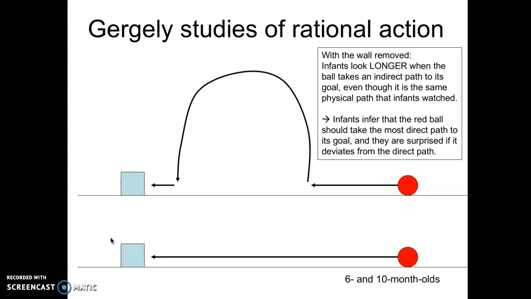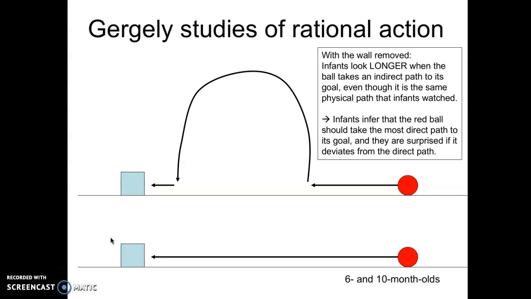And the question was, would infants be surprised to see that the red ball jumps even though there's no wall, or would they be more surprised at the novelty of the new physical path when it goes in a straight line? And what they found was that with the wall removed, infants looked longer when the red ball jumped, even though visually it's a very similar display to what they were habituated to.